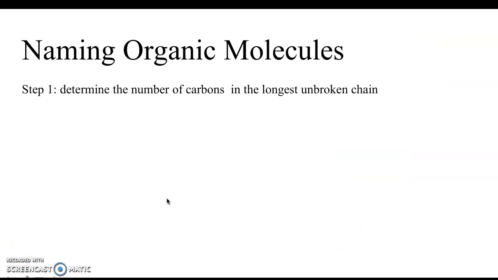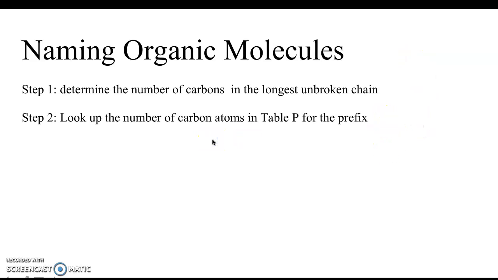And here's some steps for you to follow when naming organic compounds. The first and most important thing is to determine the number of carbons in the longest unbroken chain. So if you can trace all the carbons without lifting your pencil, no matter if they bend or whatnot, that is an unbroken chain. You're then going to look up the number of carbon atoms in table P for the correct prefix.